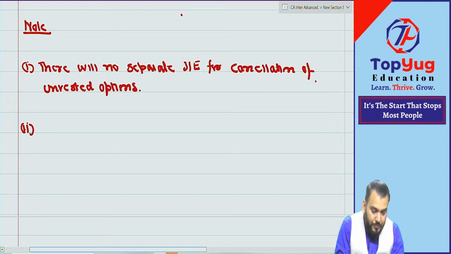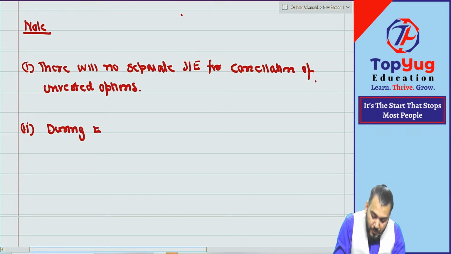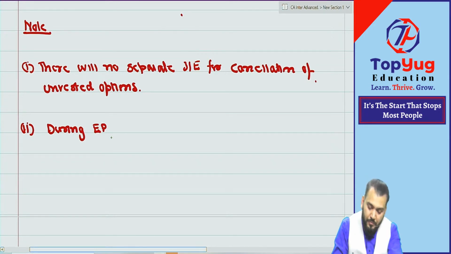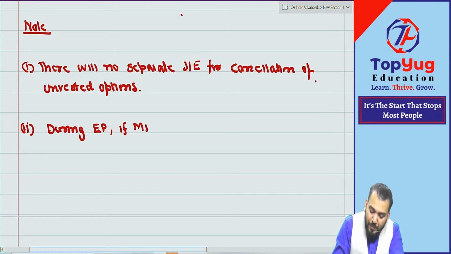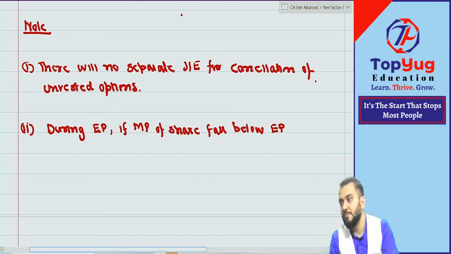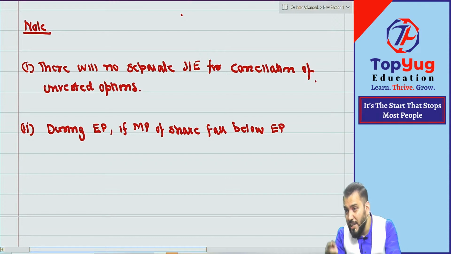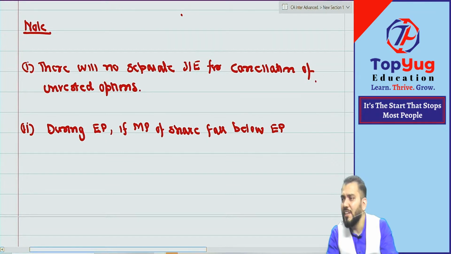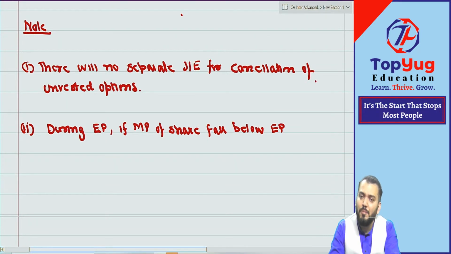Point number 2. Write down. During exercise period, if market price of shares falls below exercise price, quite possible. So what will the employee do? Employee will not exercise. Means entire options will be cancelled.